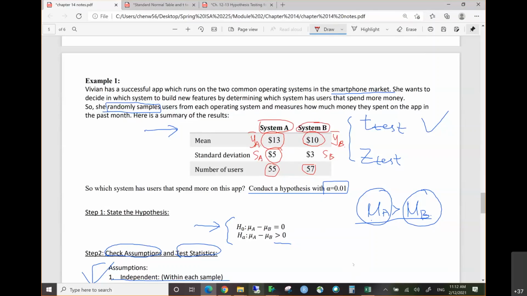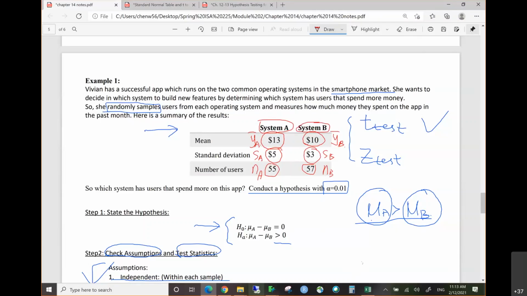Perfect. Good job. Next one, the number of users, 55. Marie? NA. NA, right? Okay, perfect. NB. All right, so now you figure out for every value, what are they?